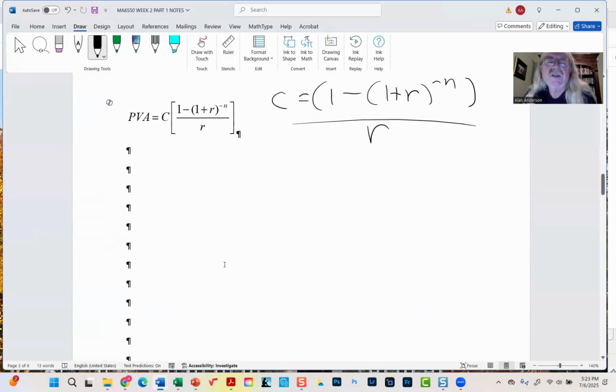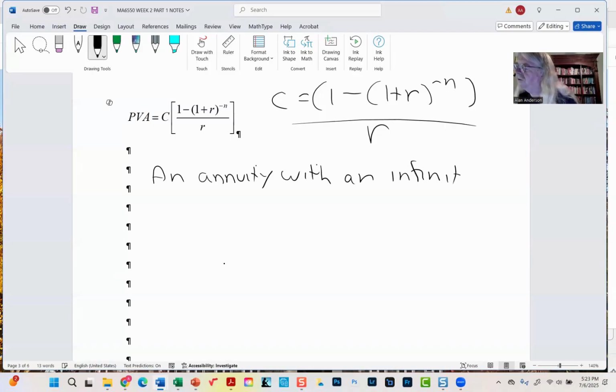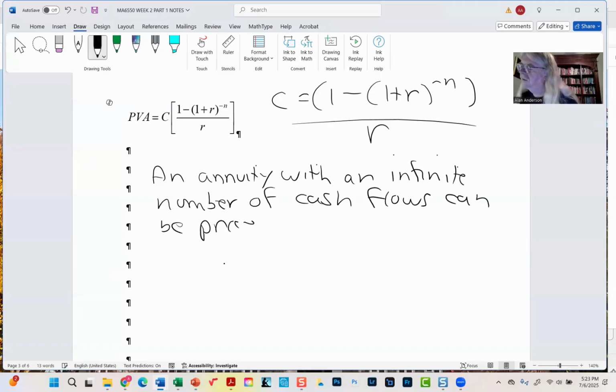By the way, I do want to mention at this point that there does exist in the financial markets an annuity with an infinite number of cash flows that can be priced as... Wow, that's interesting.